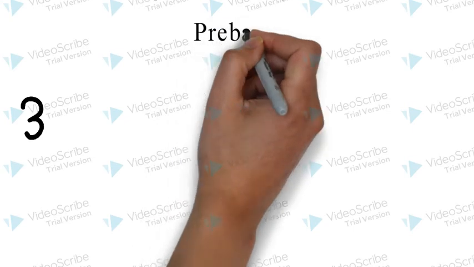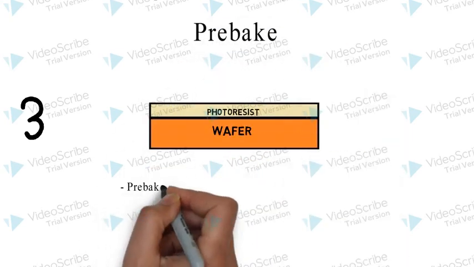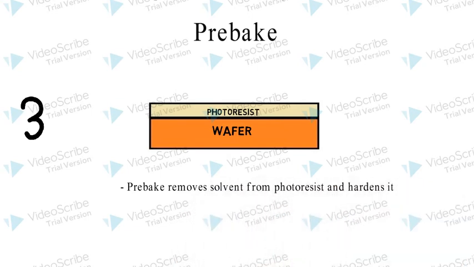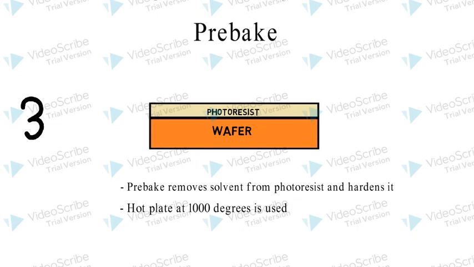As for the third step in lithography, it is pre-baking. Pre-baking removes the solvent from the photoresist coating and hardens the photoresist layer. In this, the thickness of the photoresist is significantly reduced. Pre-baking is done using different heating techniques, the most common being hot plate heating at 1000 or more degrees Celsius.